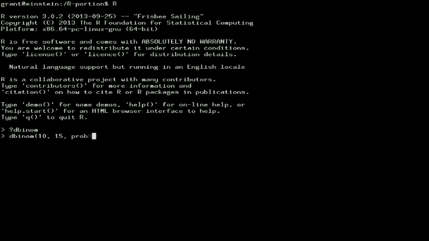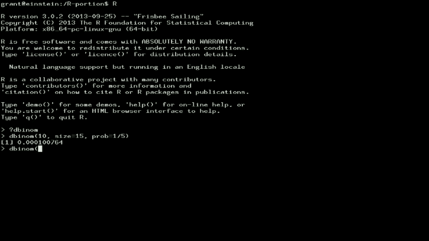We have 15 possible questions, and the probability of getting a correct answer is 1 out of 5. If we put that in, sure enough, we see this is exactly the value that we got before when we calculated it by hand. So we can have R calculate probabilities for our binomial distributions for us. That can save us quite a bit of work.